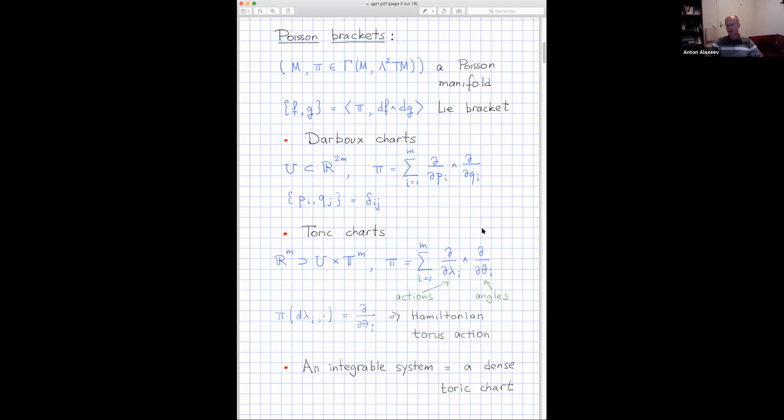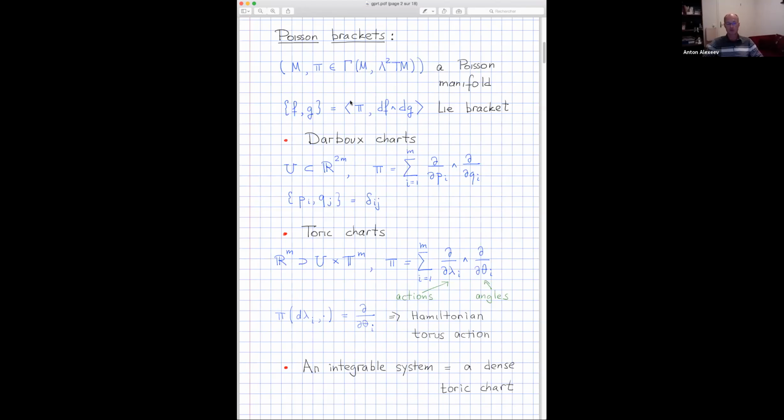So let me start with Poisson brackets and Poisson structures. We say that (M, π) is a Poisson manifold if π is a bivector, so a section of the second exterior power of the tangent bundle. Having such a bivector, we can define a bracket between smooth functions on the manifold.